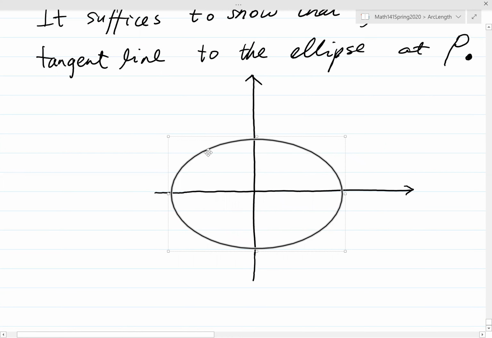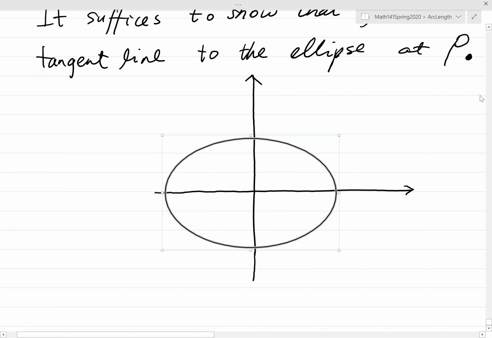Suppose we have this is F1, F2. So we have point P. So we have a line P, and another PF2.